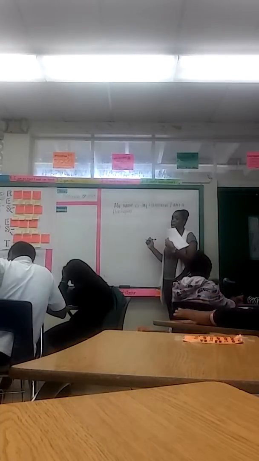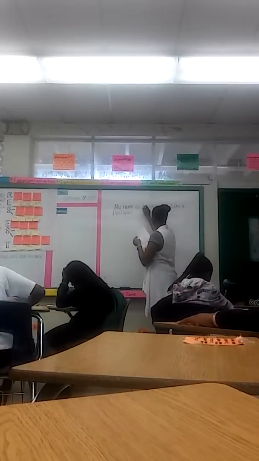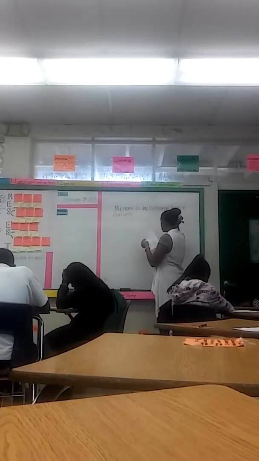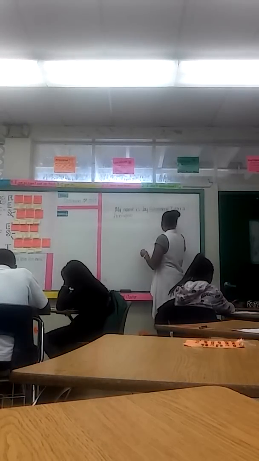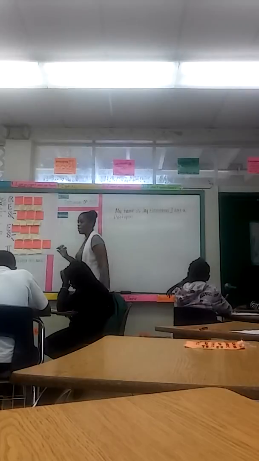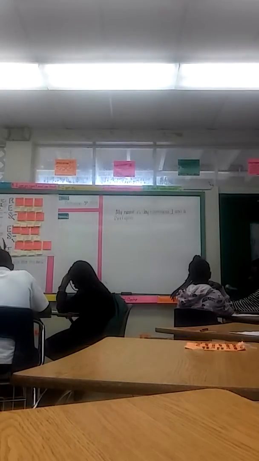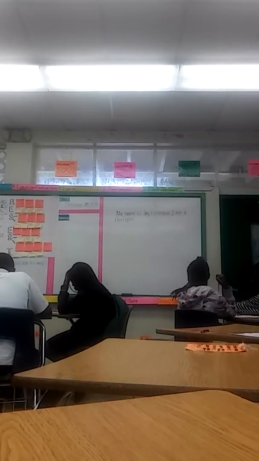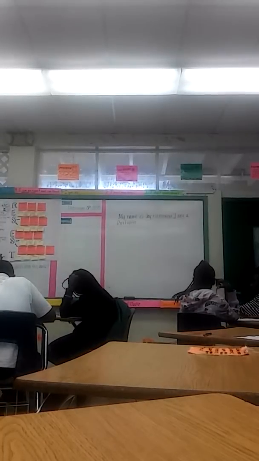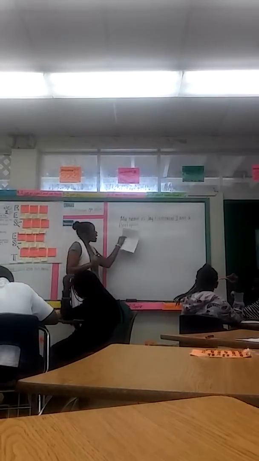If you look at the paper, you'll notice that J and Hammond is underlined as well as I am. These are all underlined. There's an error in this sentence. You were just listening and watching what I'm doing on the board. That is all you were doing. So, like I said, my name is Jay Hammond. I am a firefighter. So what you would have to do is correct that sentence.